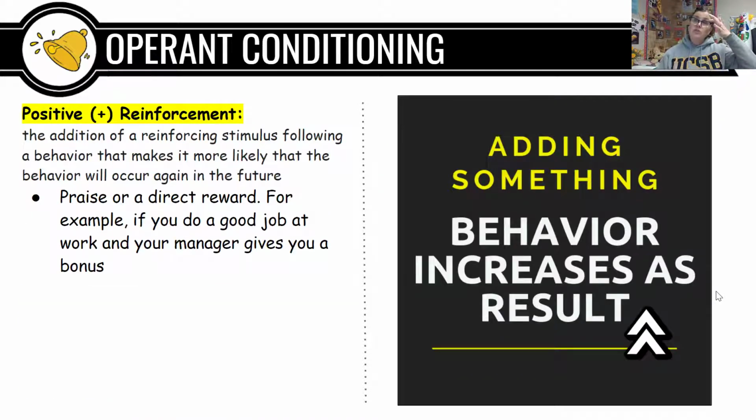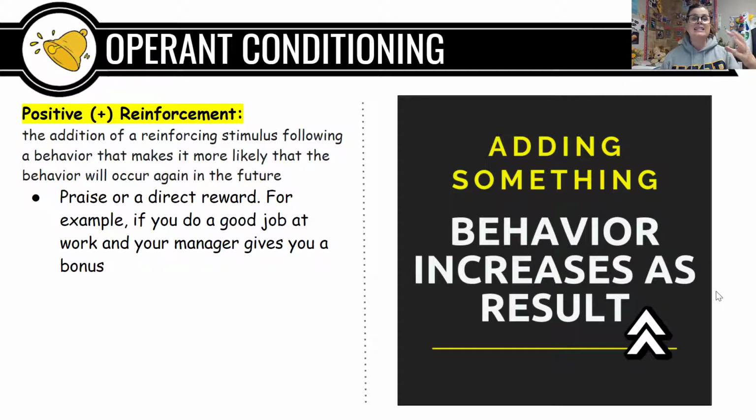So we're going to be looking at operant conditioning, and we have to be sure that we really are clear about the terms positive and negative. Okay, and if we are talking about the term positive, we are adding something. So a positive reinforcement, those are going to be favorable events or outcomes that are presented after the behavior.